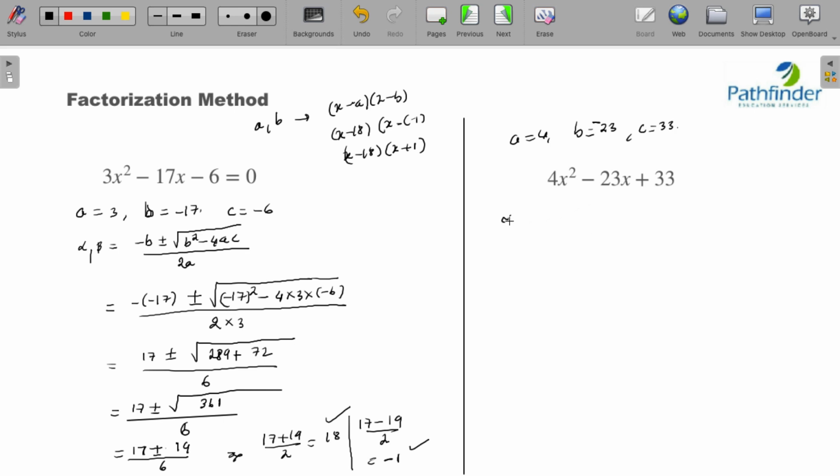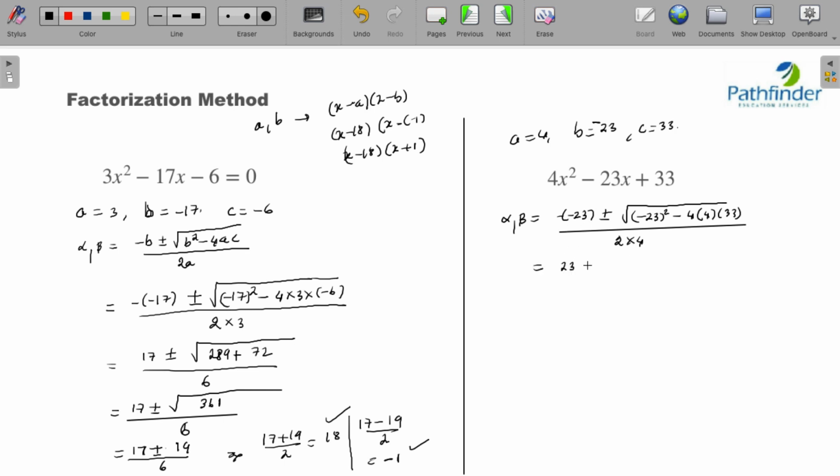Again, alpha comma beta is equal to minus b, so minus of minus 23 plus minus under root of minus 23 whole square minus 4 into a, that is 4, into c, that is 33, and whole of that divided by 2a, that is 2 multiplied by 4.